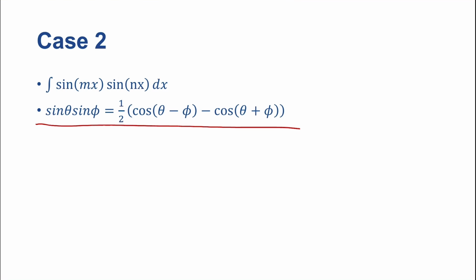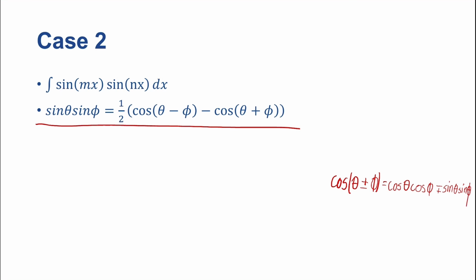So if I have cosine of theta plus or minus phi, that's equal to cosine theta cosine phi minus or plus sine theta sine phi.